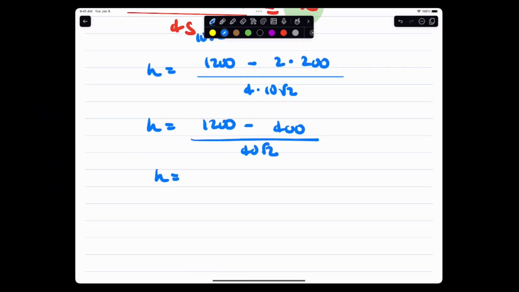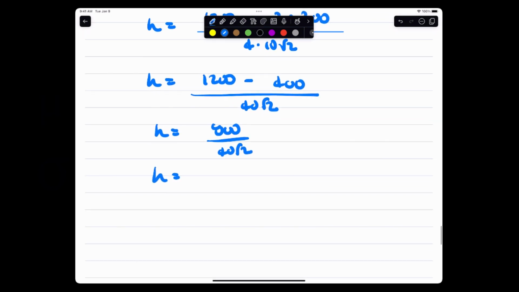So your height's going to be 800 over 40 square root of 2. Isn't that 2? Right? 800 divided by 40. What is that going to be? 20? 20 square root of 2. So you can rationalize. So it looks like the height of the box will be 20 square root of 2 over 2.